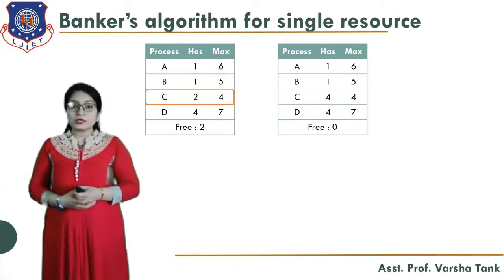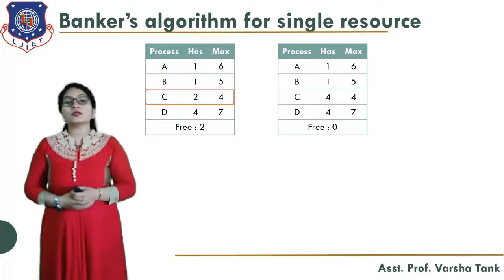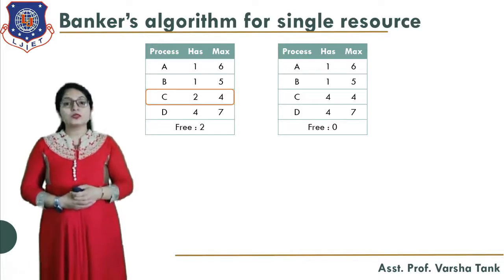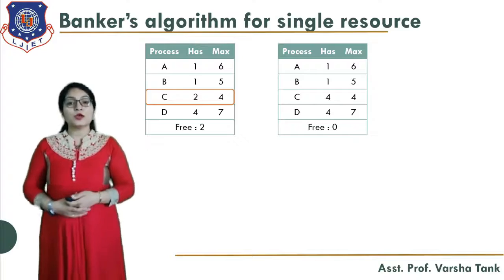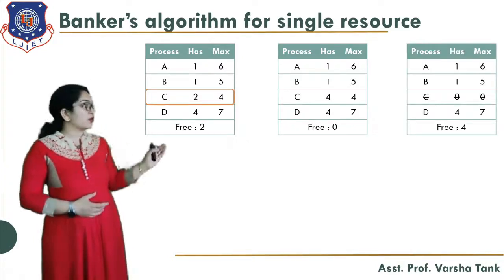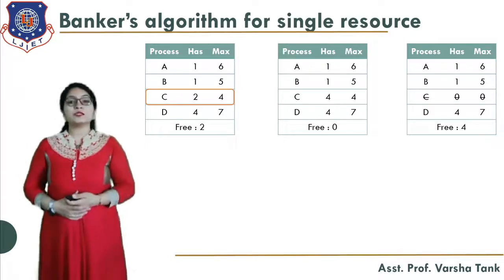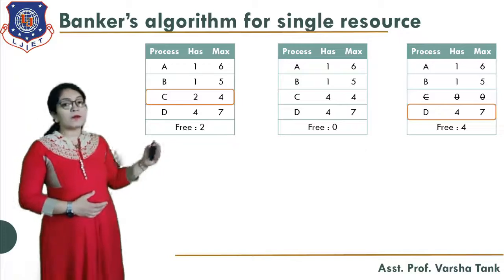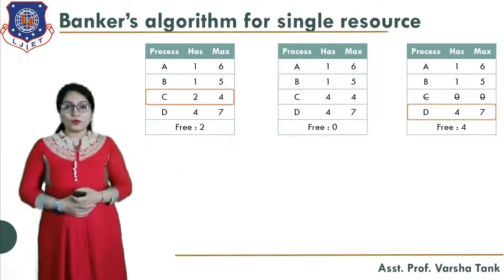Now, when process C completes its execution, it will release all the resources held by it and whichever were newly assigned. So a total of 4 resources will be freed by process C. Next, we can assign these resources to process D because the maximum requirement is just 3 and we have 4 free resources.